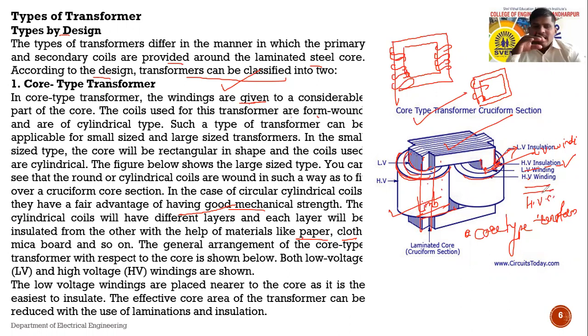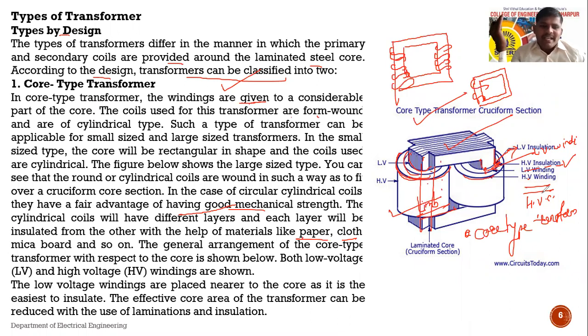So this is related to the core type transformer. The winding encircles the core, it is wound around the core, so we call it a core type transformer.